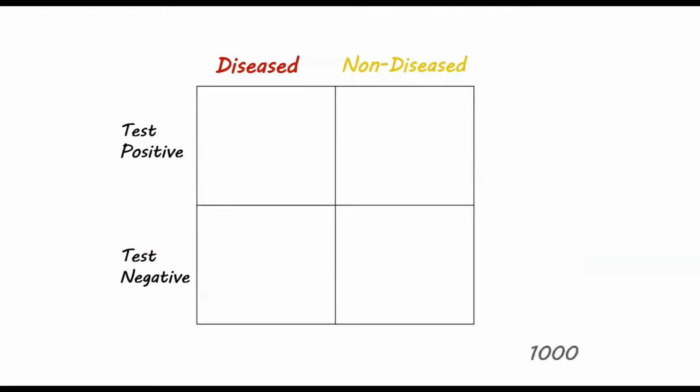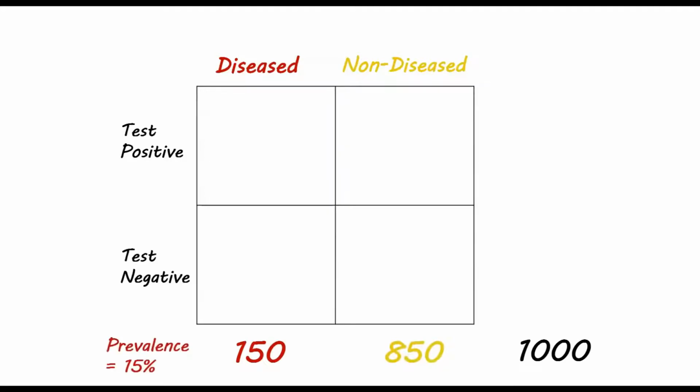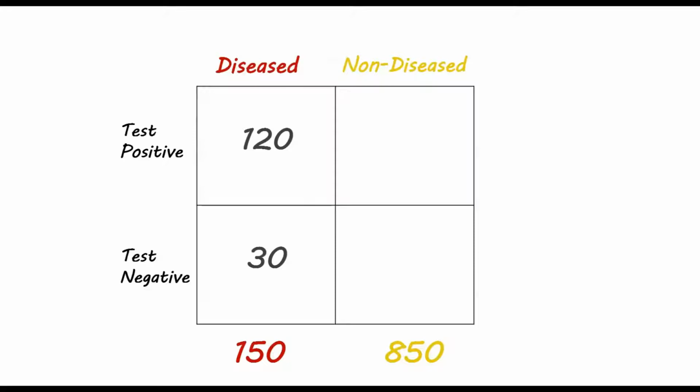Let's say we have a population of 1,000 and 150 of them have hypertension. This means the prevalence is 15%. We've screened them and 120 of the 150 test positive, meaning our screening caught their hypertension, but 30 who actually have hypertension were missed by our test.